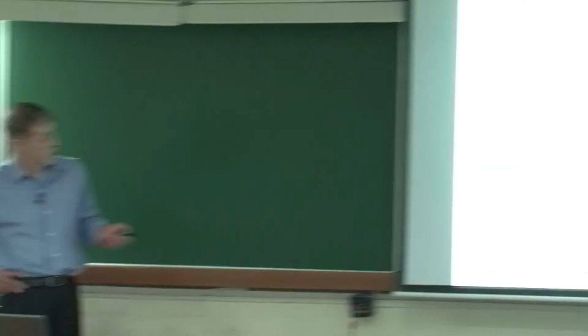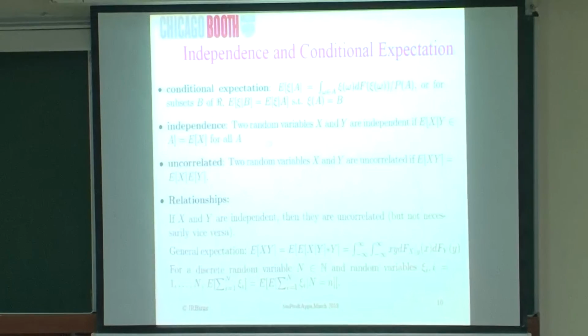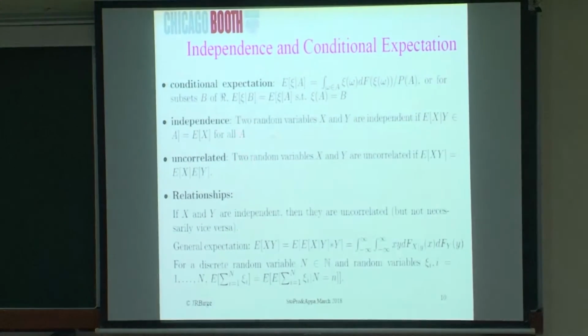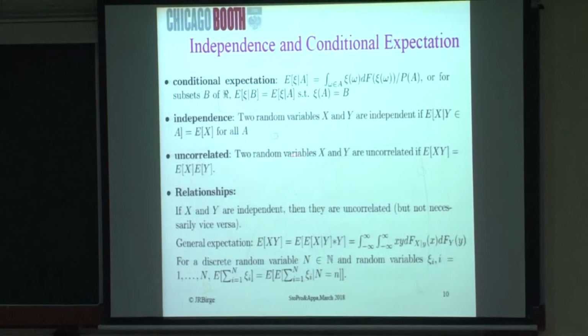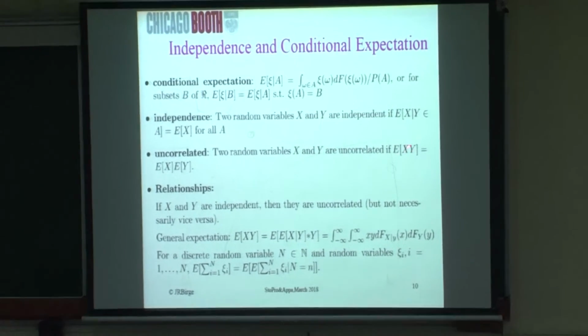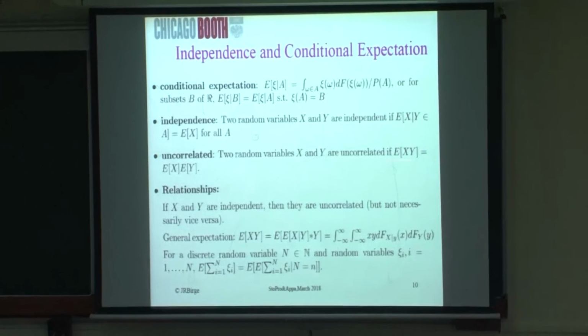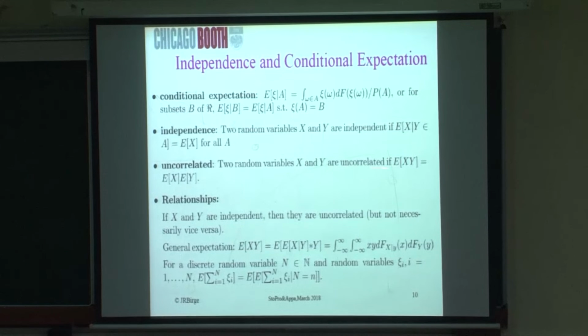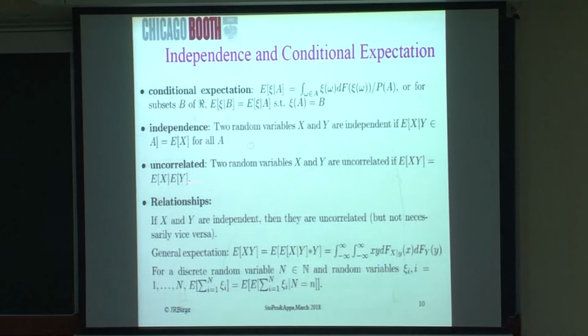And uncorrelated: independent random variables are uncorrelated, but there may be variables that are uncorrelated that are not independent. Two random variables being uncorrelated means that if I take the expectation of their product, I just get the product of the expectations, or the covariance of the two is equal to 0.